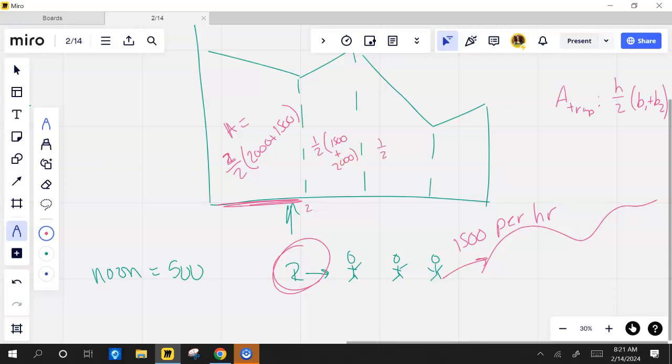And then this one, a half times 2,000 plus 1,000. And then this is a half times 1,000 plus 1,500. Does that make sense? Do you see why I'm doing what I'm doing?